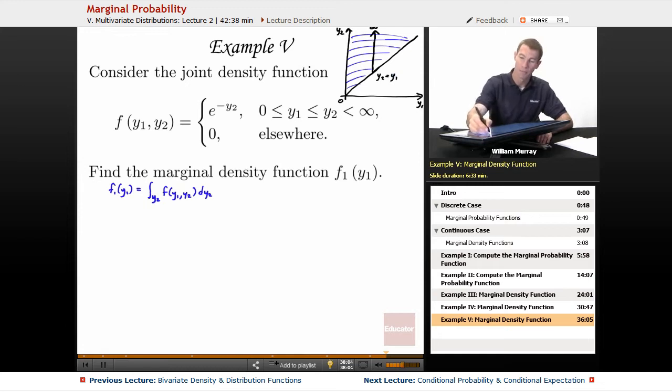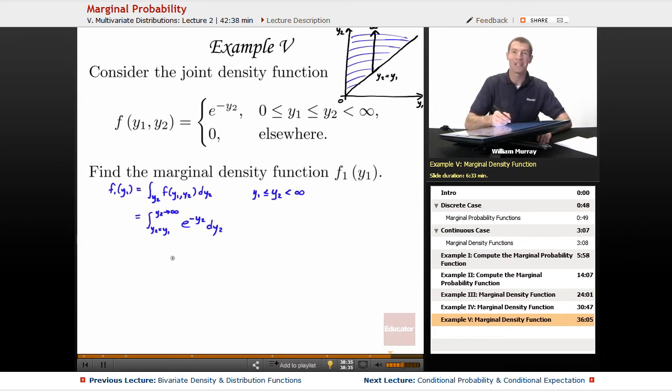So my region can be described as y2 goes from the diagonal line y1 up to infinity. So those are the bounds on my integral, y2 equals y1 to y2 goes to infinity. And my joint density function is just e to the negative y2, and I'm integrating with respect to y2.